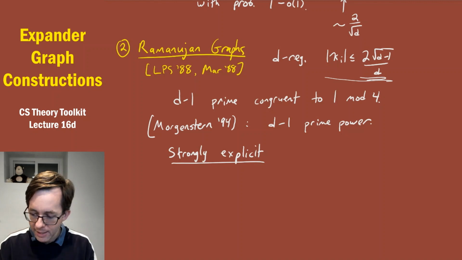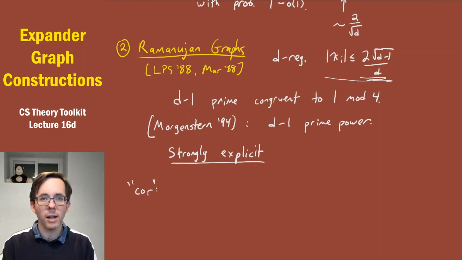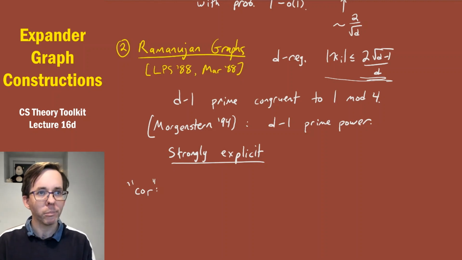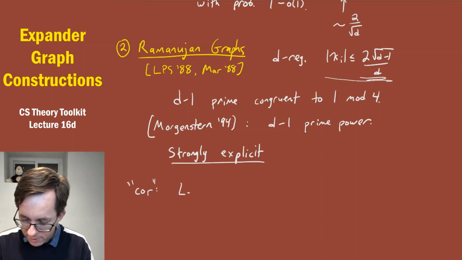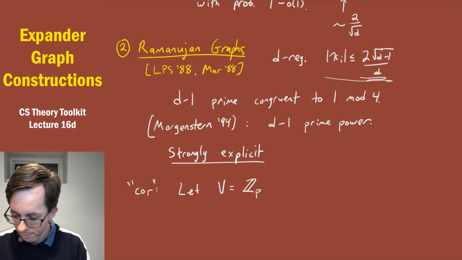Another thing that is nice about them, there's a corollary of their number theoretic construction. Well, this corollary also takes work, but I like to mention it because it's a super cute explicit construction of an expander graph that results after you work through all the number theory in their paper. It's this. Consider the graph where you let V be the integers mod p, where p is a prime.